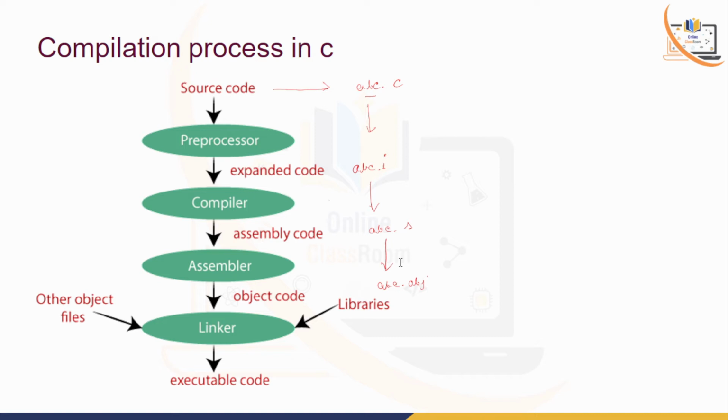Sometimes the situation arises when our program refers to a function defined in other files. Then the linker plays a very important role. It links the object code of those files into our program. Therefore we can conclude that the job of the linker is to link the object code of our program with the object code of library files and the other files also.